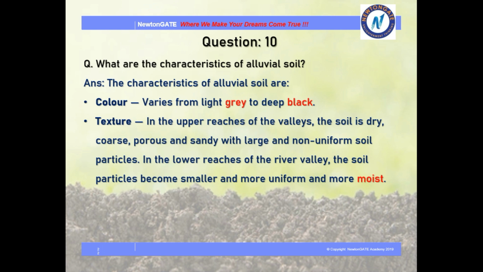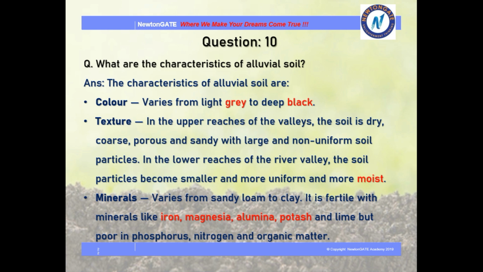While the river flows in the lower region, it turns into small, fine particles, and it forms a more uniform and moist soil. By minerals, what minerals are present there?